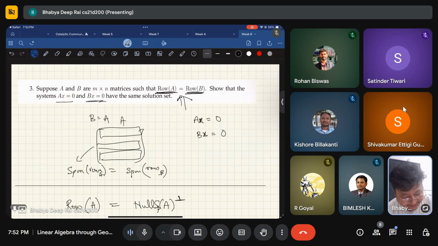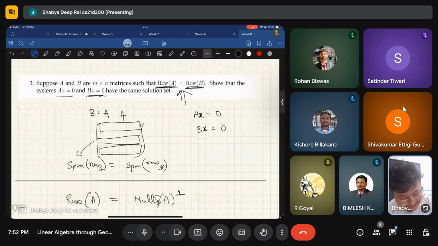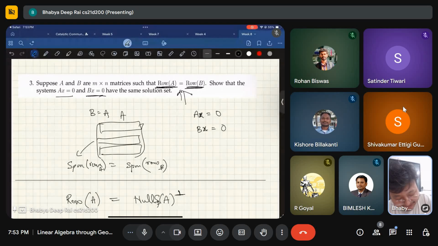But additionally, I also see that Ax equals 0 and Bx equals 0.